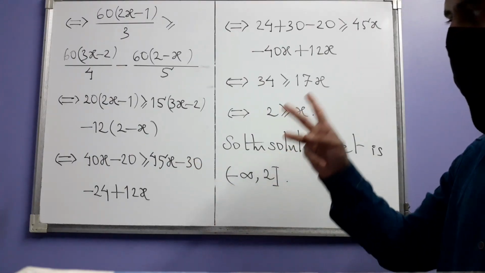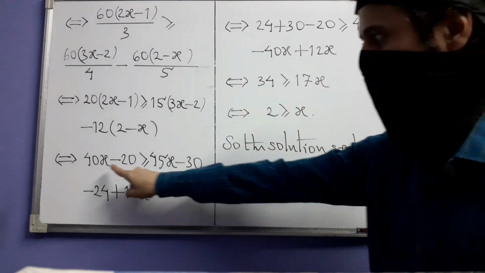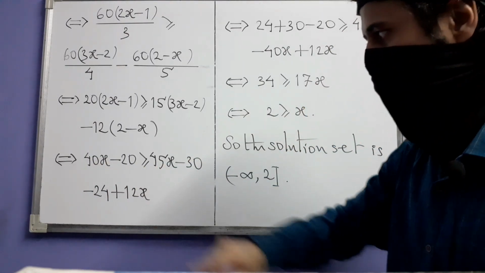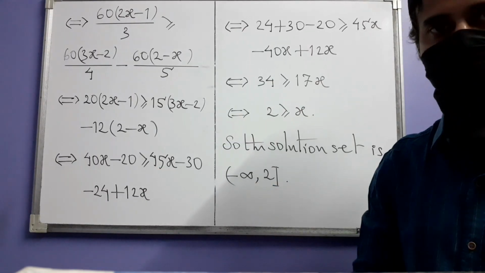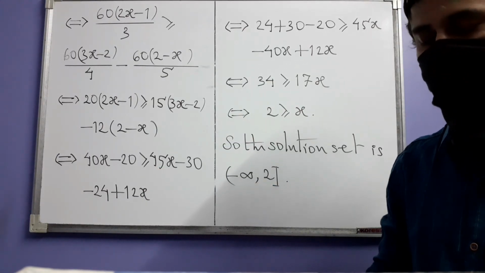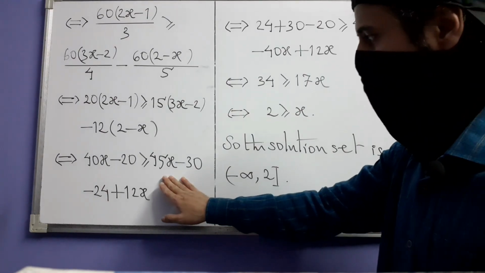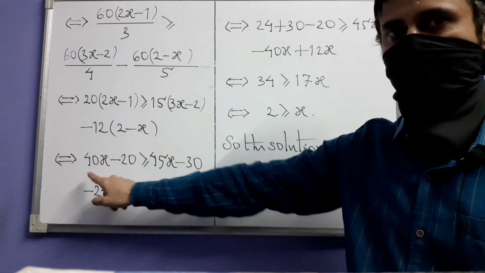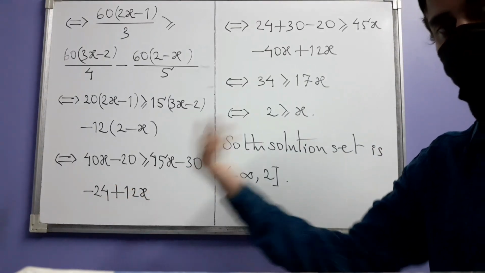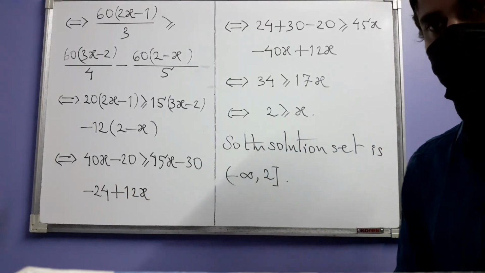So here there are 3 terms having x. Instead of doing this addition, 45x plus 12x, well, actually you can do, but because you have 40x on that side, things will be simplified if you bring that 40x over to this side.